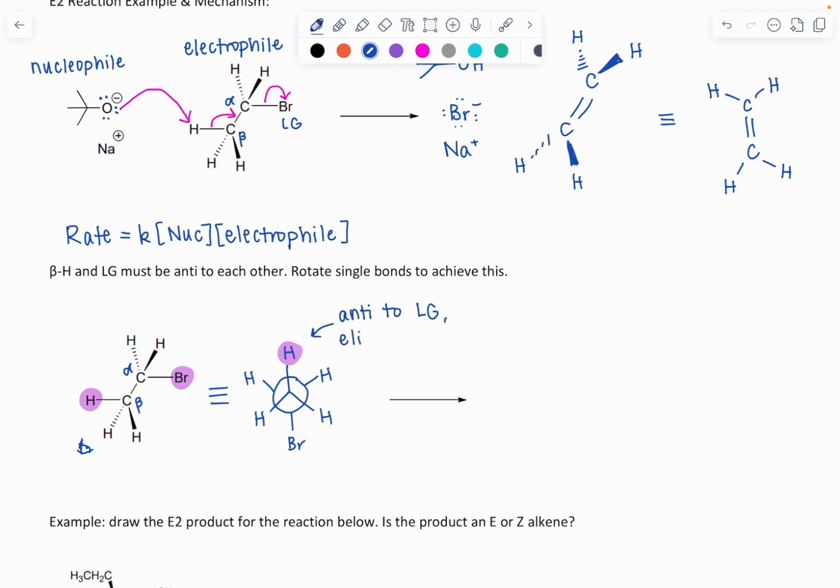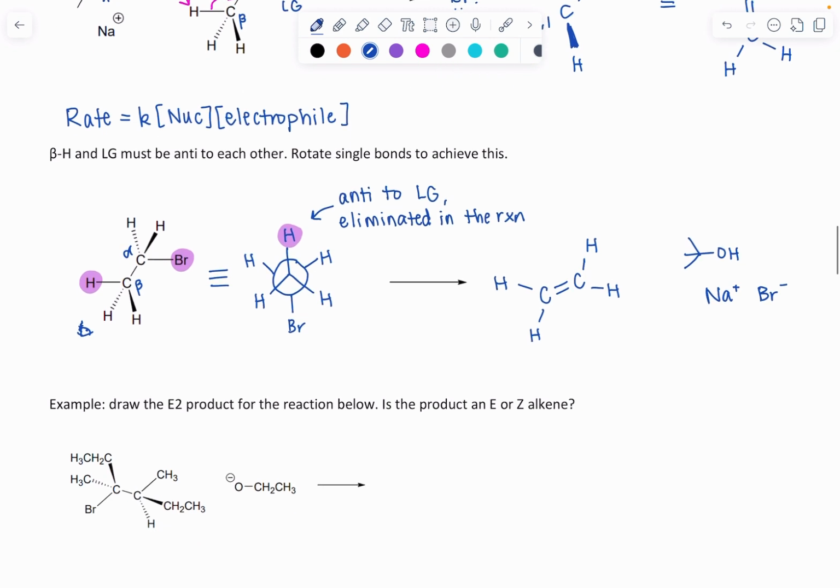This is the hydrogen eliminated in the reaction. And then the product is just what we drew above. I'll just redraw. And then our byproducts. Okay, so that's for the reaction that we had already looked at.